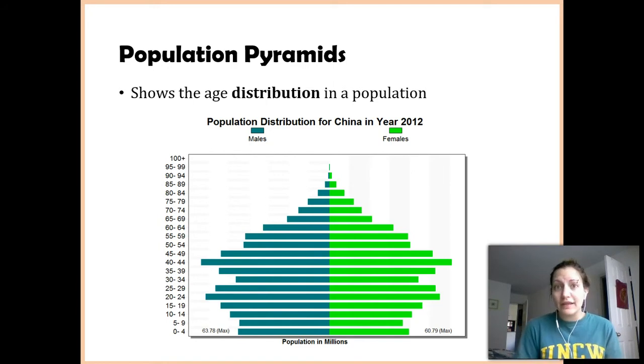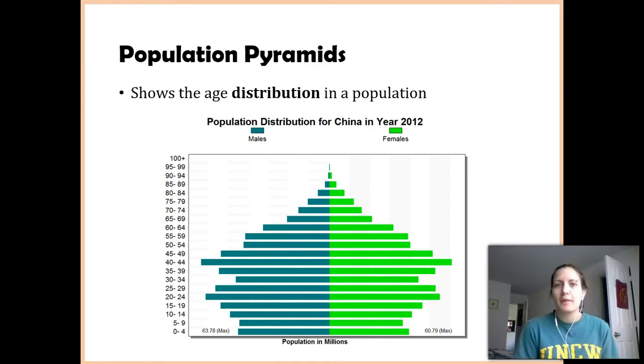Not only are we looking at the number of children that women are having, but also looking at, do we have more males and females? That has implications for reproduction. Where are most of the population? That has really important information regarding society and economics of that society.